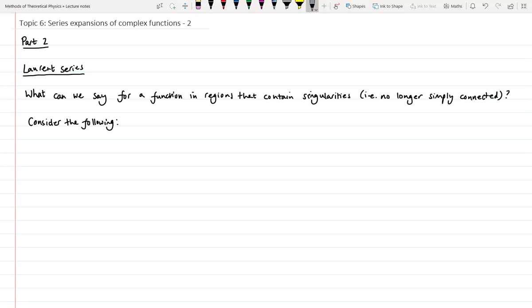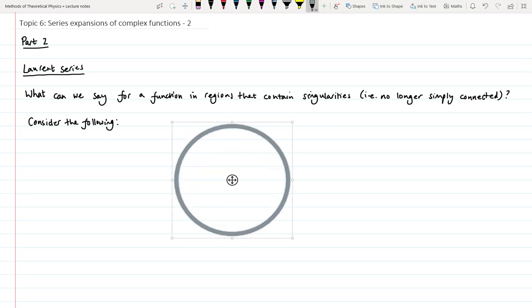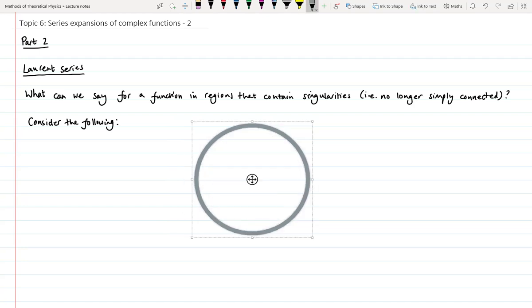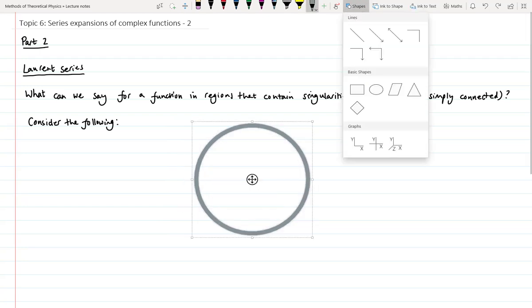Let's imagine some complex function with the following region of analyticity. I'm going to need some circles. That's one.